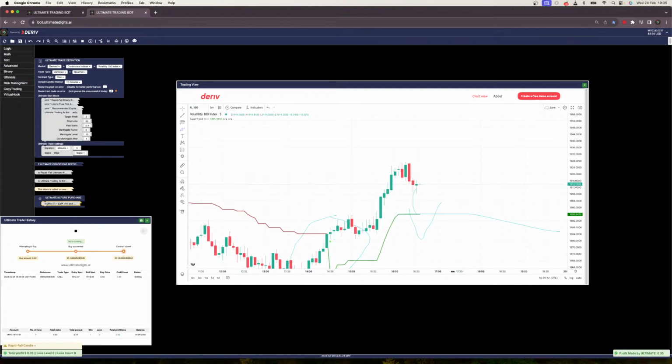So the first trade has been executed and it has closed in profit, you can see. I continue the bot because I still believe the momentum of the trend is an uptrend market.